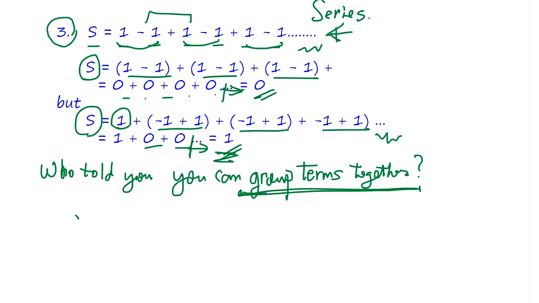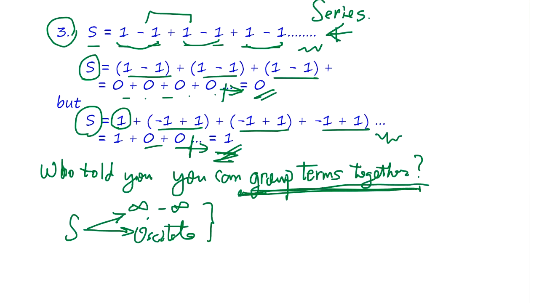If the series goes to infinity or negative infinity or oscillates, you cannot group together, okay?